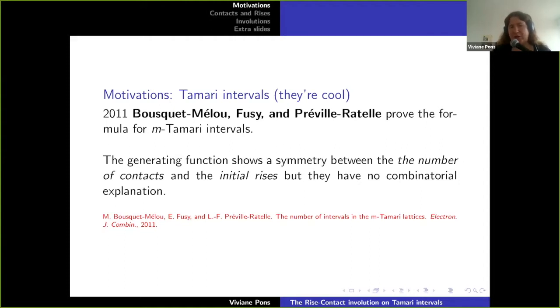When they did so, they obtained a generating function for the intervals of the m-Tamari lattices, and they saw in this generating function a symmetry between two statistics, the number of contacts and the initial rises. But at this time, they could see it in the generating function, but they didn't have a combinatorial explanation for this fact.